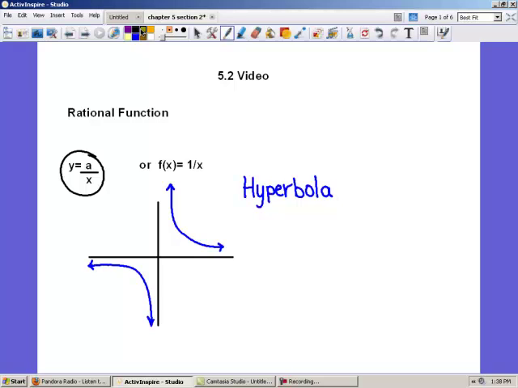One of those asymptotes is the vertical line of x equals 0, and the other asymptote is the horizontal line of y equals 0. And as you can tell, this graph in blue cannot go past these asymptotes. And so that's why they look the way they do.